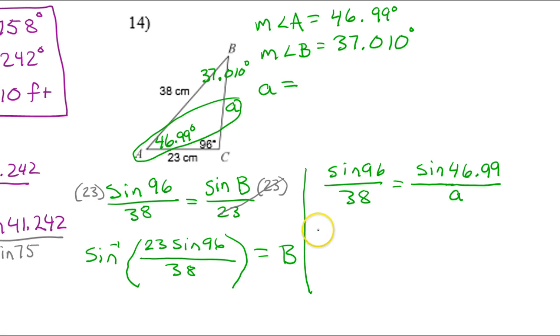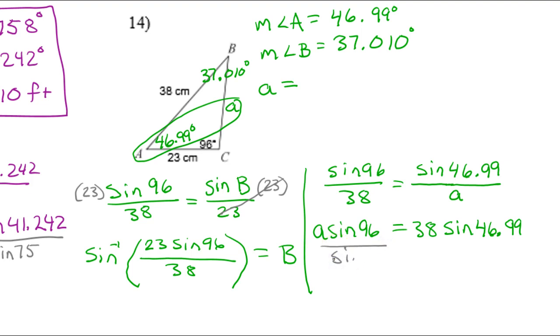So a little cross multiplying will give me A sine 96, using this diagonal, and then 38 sine 46.99 from this diagonal. Then I need to divide both sides by sine 96.